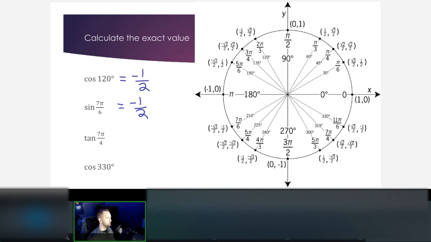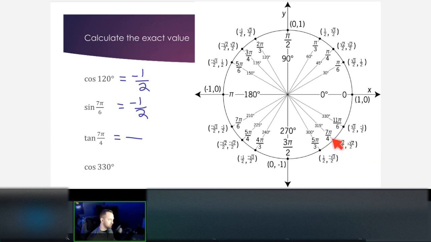All right. Tangent of 7 pi over 4. So let's go to 7 pi over 4. That's right there. So how do I calculate tangent? What do I do? Yeah, y over x. So a lot of you are already putting -1.